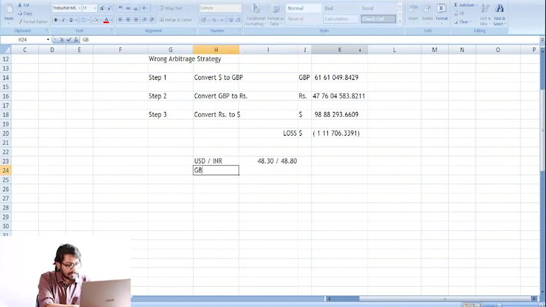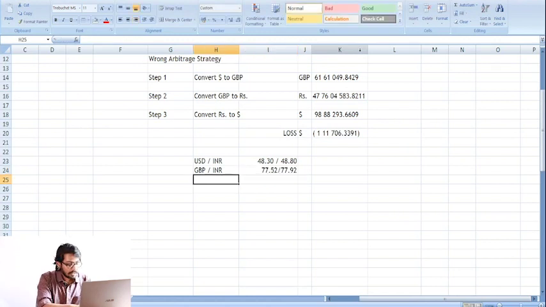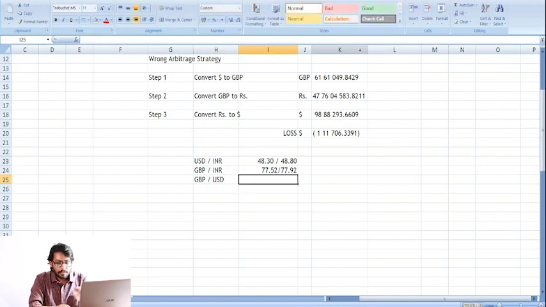GBP by INR was 77.52 slash 77.92. GBP by USD was 1.6231 slash 1.6331.